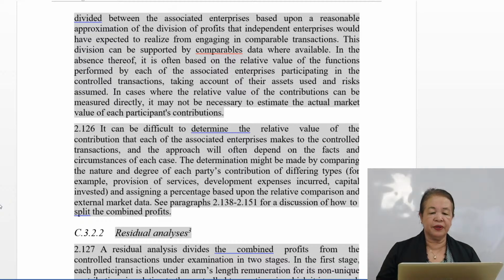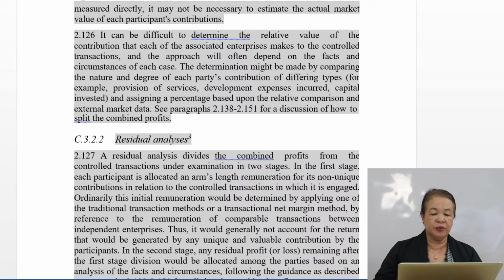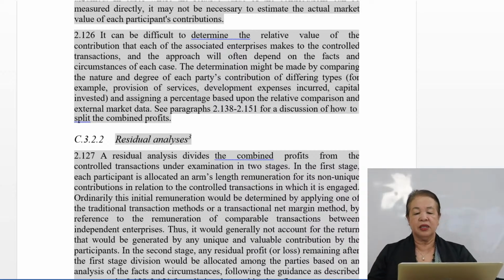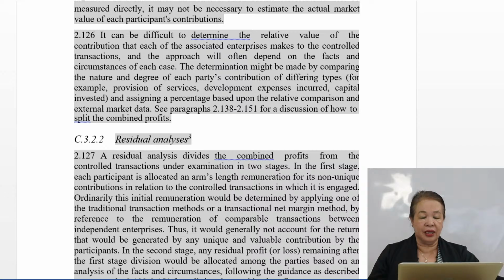So it can be difficult to determine the relative value of the contribution that each of the associated enterprises makes to the controlled transactions, no? And the approach will often depend on the facts and circumstances of its case. So in that case, yung ginawa ko, number of employees at saka active assets yung basis ko, no? Kaya nga sabi, depending on the facts and circumstances of the case. The determination might be made by comparing the nature and degree of each party's contribution of differing types.